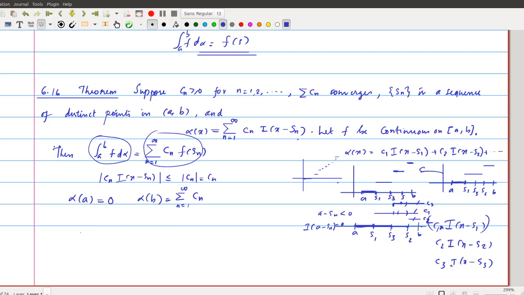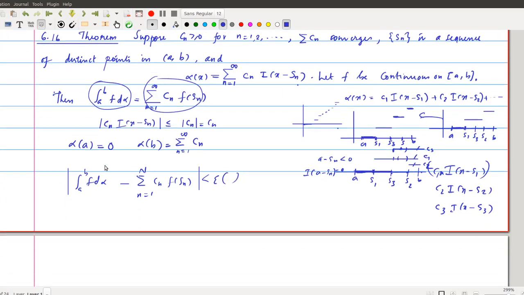That is, to prove integral a to b f d alpha and the sequence of partial sums, that is summation n equal to 1 to some capital N, this Cn f of Sn, can be made less than epsilon. So for every epsilon greater than 0, there exists N such that this sequence of partial sums will be less than epsilon, or some constant times epsilon. Then this will prove the required result.